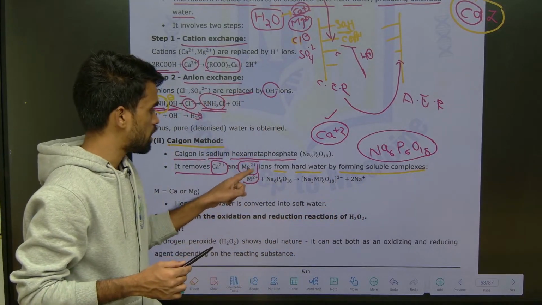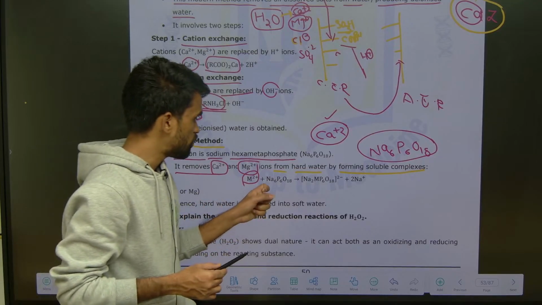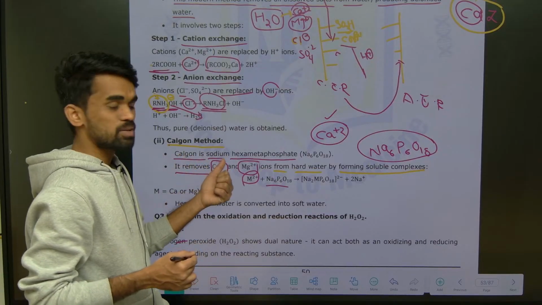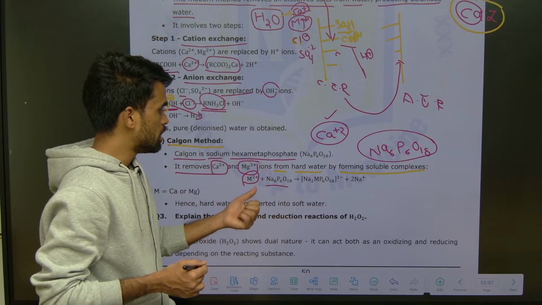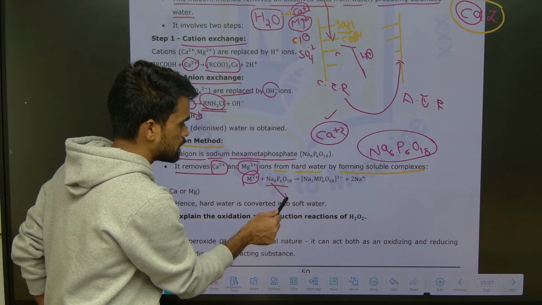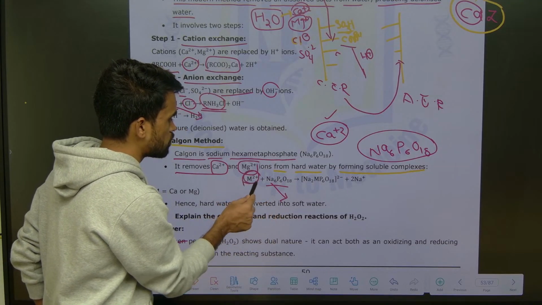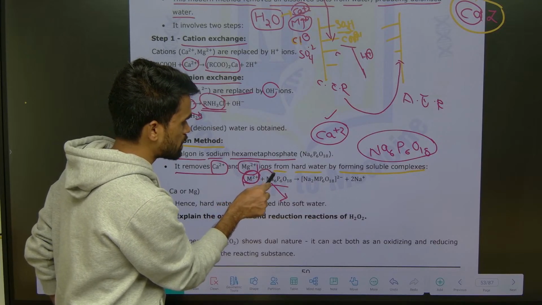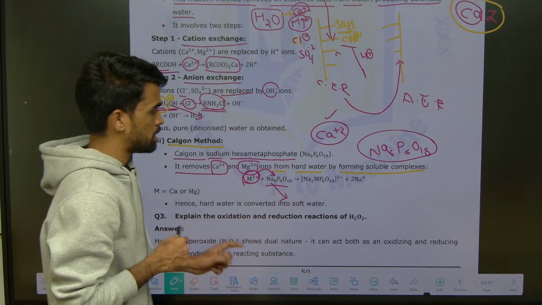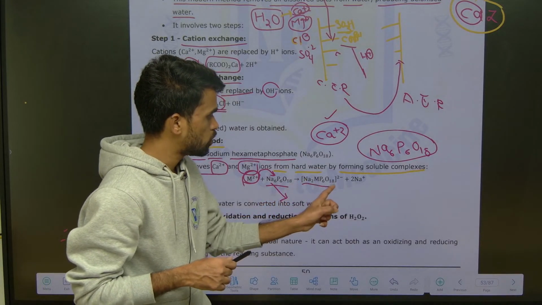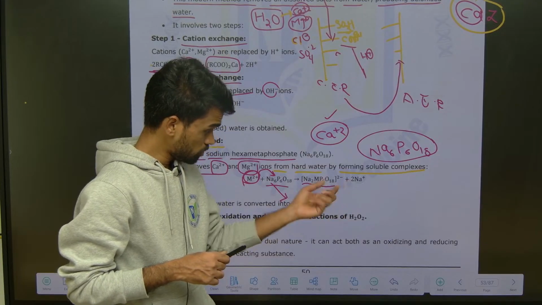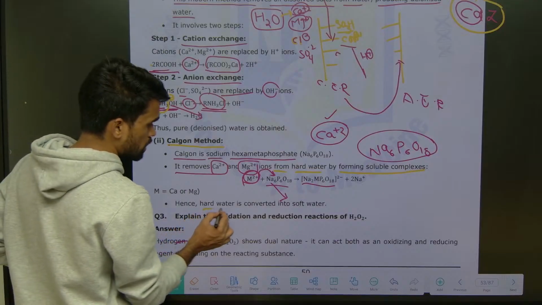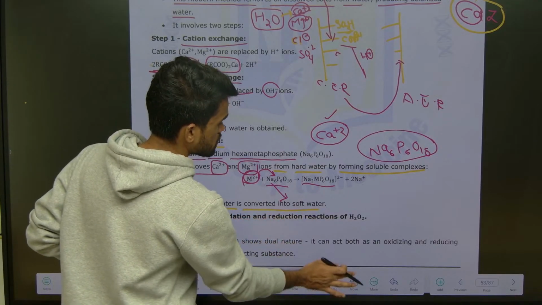If any calcium ion or magnesium ion is found in the water, and we add Calgon, that is sodium hexametaphosphate, the sodium ions are released into the water, and all the calcium, magnesium or any hardness causing cations will be attracted by the hexametaphosphate, form a compound, and be separated out. Hence hard water is converted into soft water using Calgon's method.